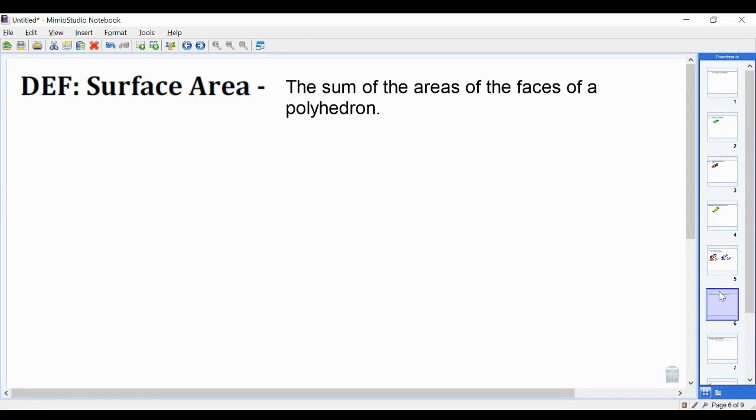And now we're ready to talk about the definition of surface area. So we just talked about the bases of a prism, and we talked about the lateral sides of a prism. And each of those sides has an area. So let's look again at our rectangular prism.